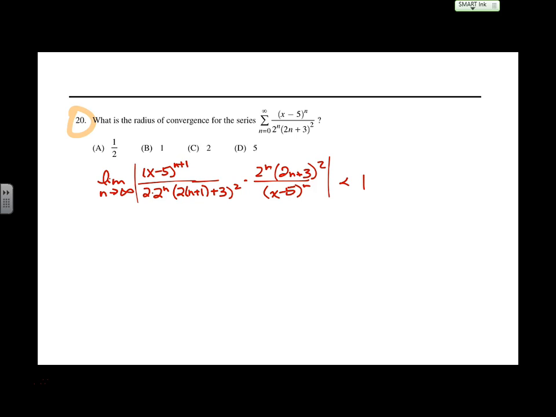So when you simplify, you're able to leave your x expressions in absolute values. You can pull out all of your n expressions. 2 to the n is going to reduce. This stuff is nasty, so I'll just leave it as (2n plus 3) squared all over 2 times (2n plus 5) squared. And then you end up with just x minus 5 in the absolute values.